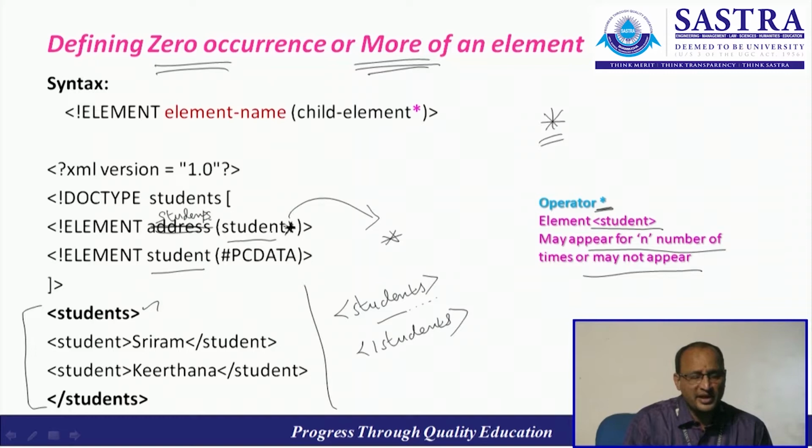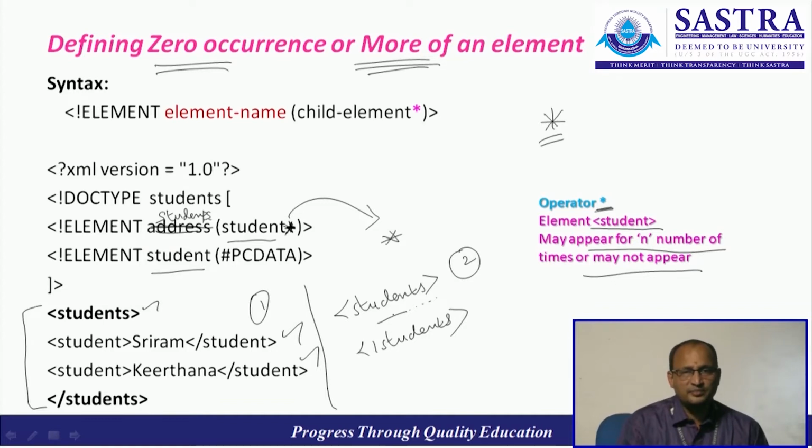So it may or may not appear. If it does appear, it may be one or more than one time. So we have repeated this 2 times in this example, and in this example I haven't repeated the student element, I have missed out the student element. This is also possible and a valid XML document.